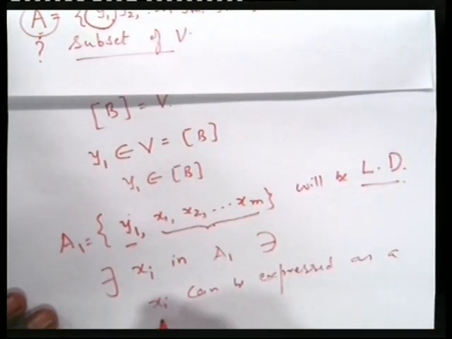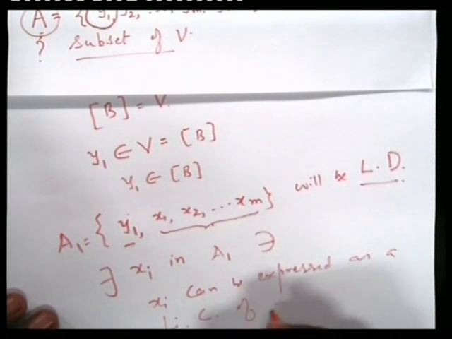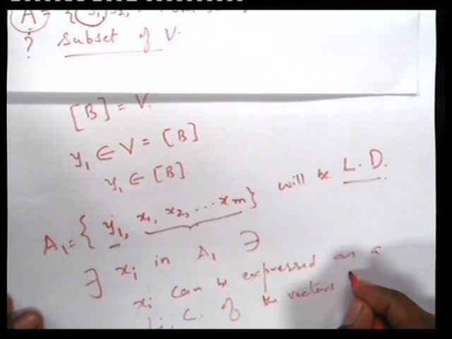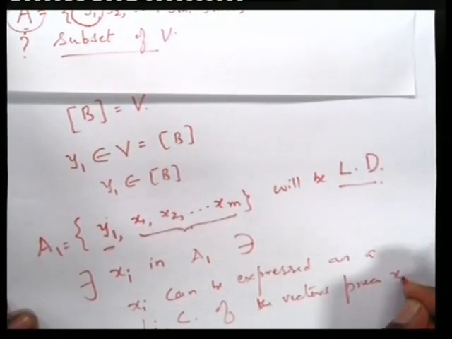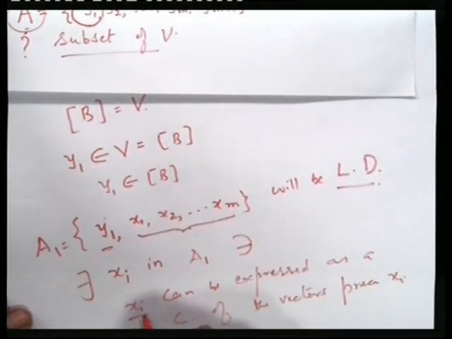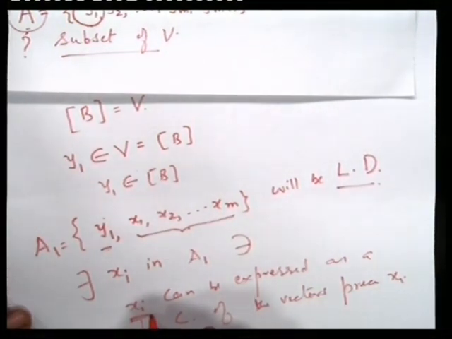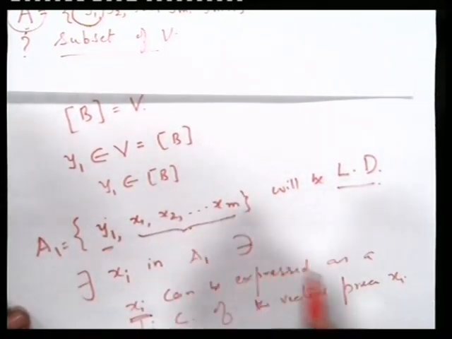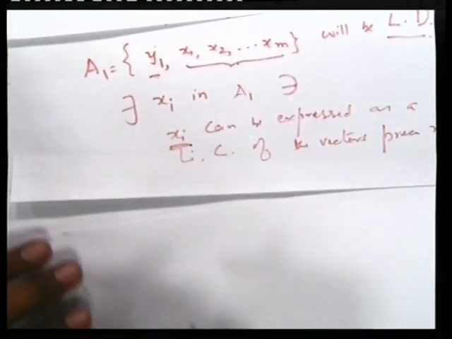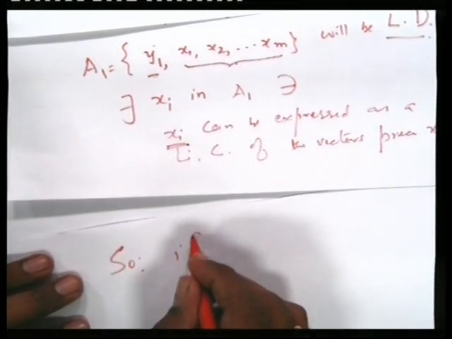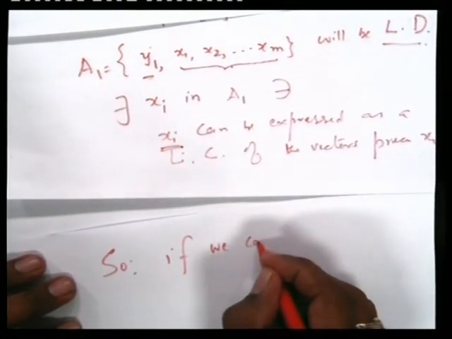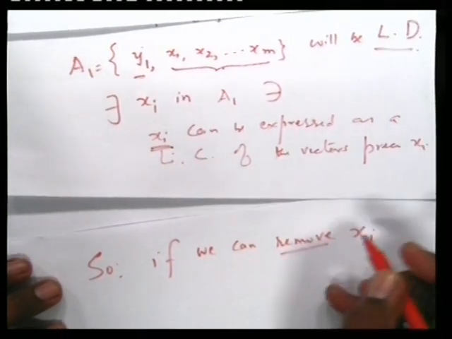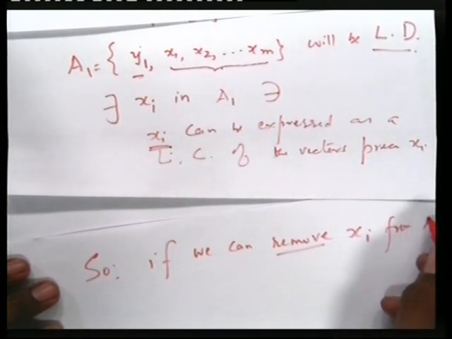as a linear combination of the preceding vectors. So say xi can be expressed as a linear combination of its preceding vectors, and we can remove xi from A1.